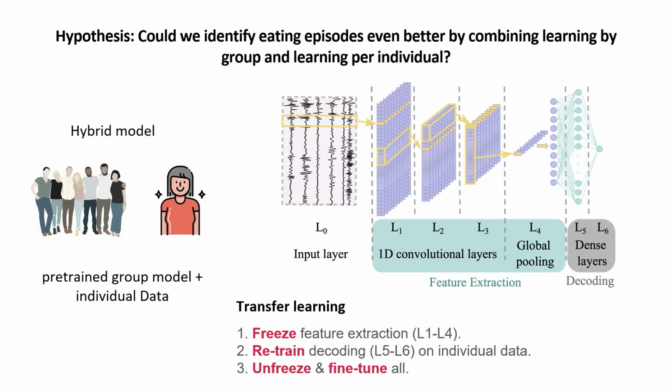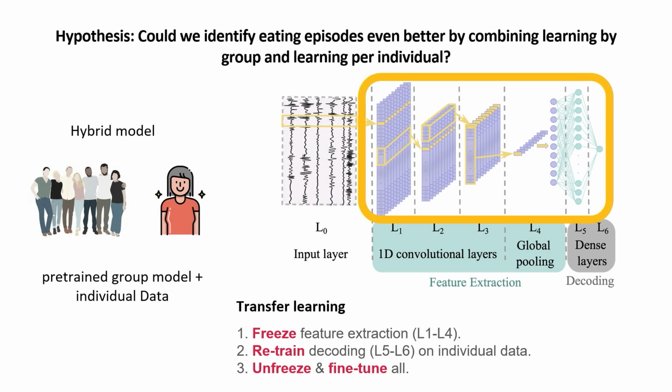Another hypothesis is that the group model is valuable, so could we get better performance by combining the learning from both the group and the individual? To do that, we use transfer learning. We first pre-train a group model on the group data, and then we do the transfer learning.